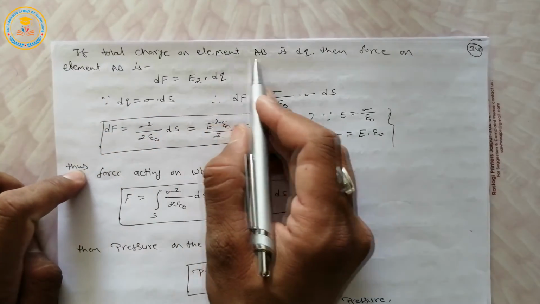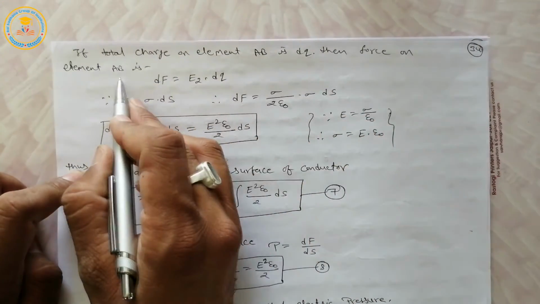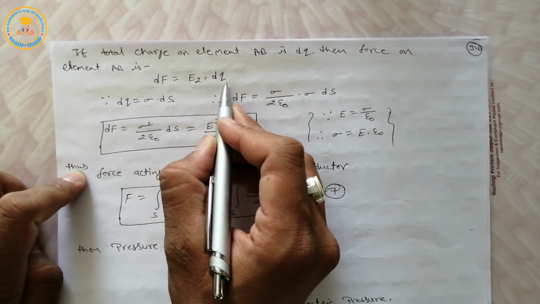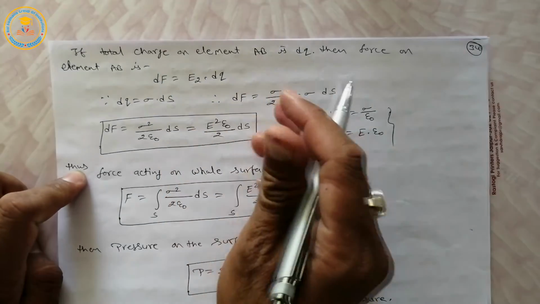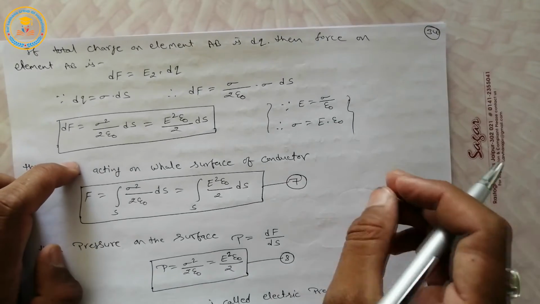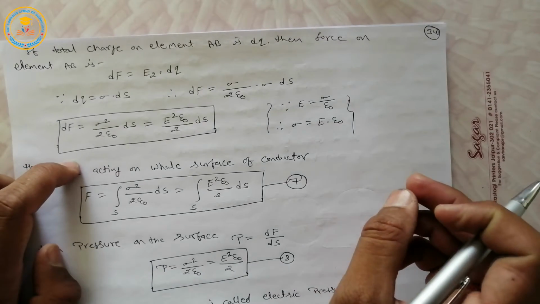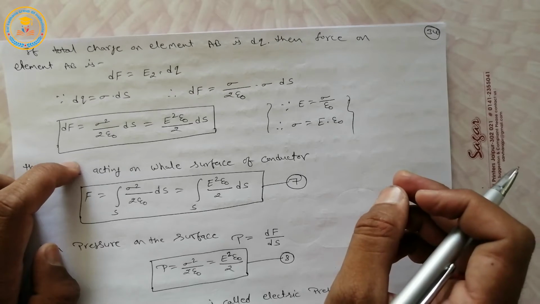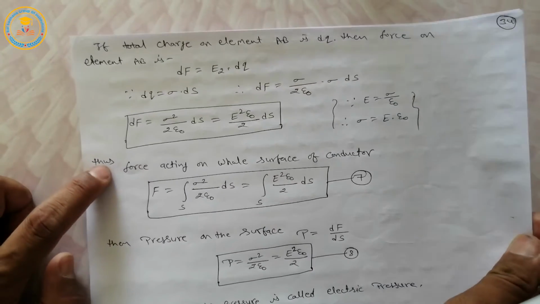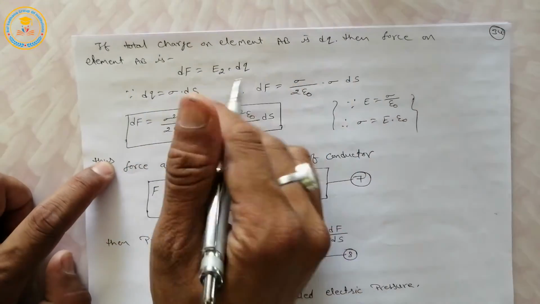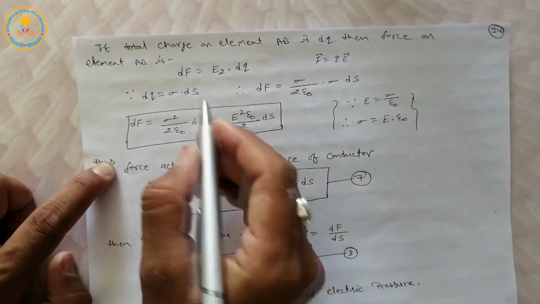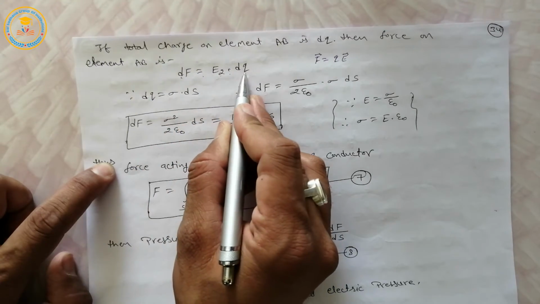In chapter 1 we studied the electric force on a charge placed in an electric field E: F is equal to Q into E. According to this equation, we write dF is equal to E2 into dQ.